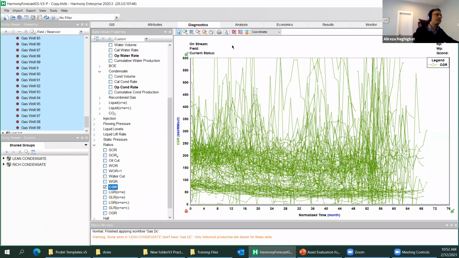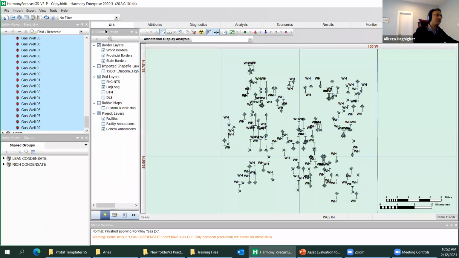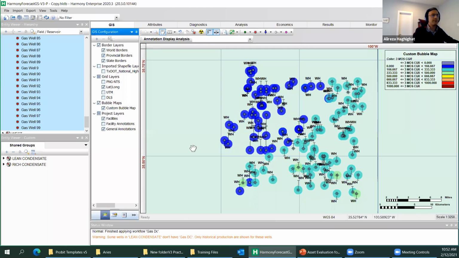So what we do, I go to the map, and what I am going to plot for you, I'm going to create a bubble plot that tells you how much your initial condensate to gas ratio is. You can see we are seeing two different behaviors.